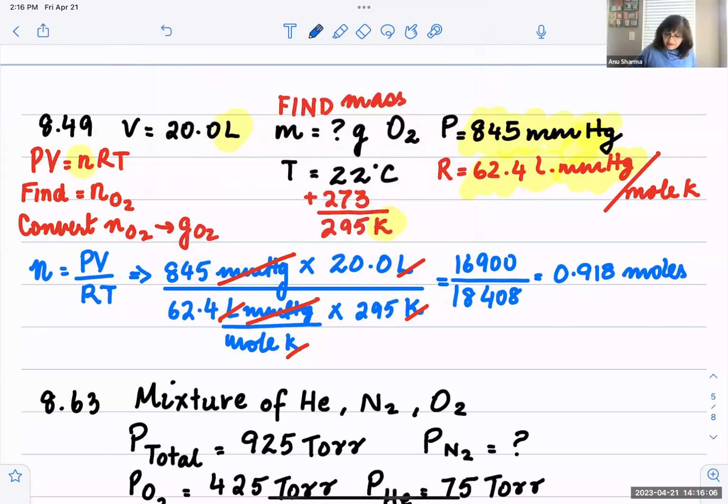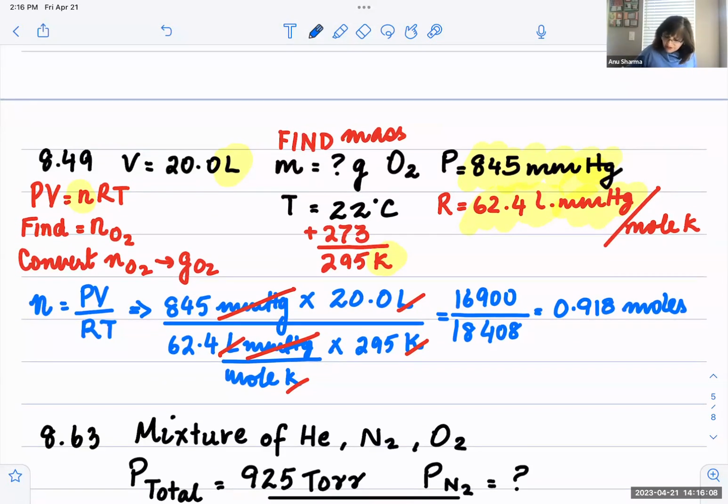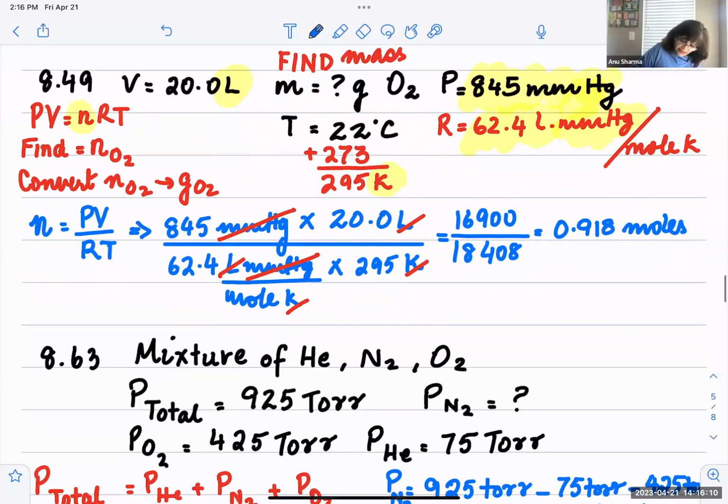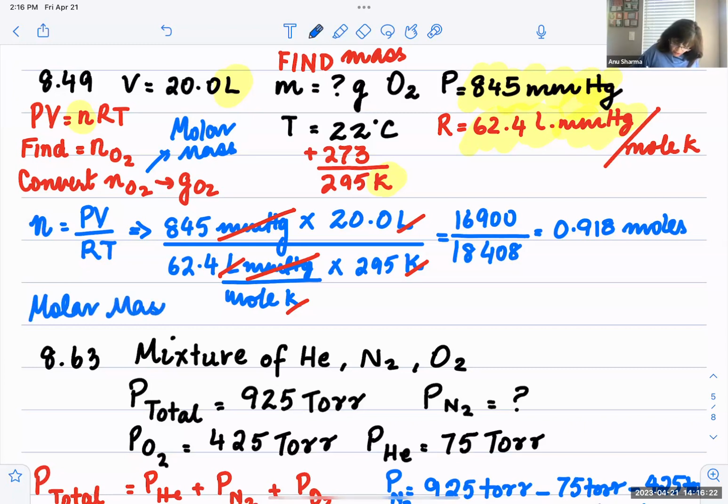Okay, next is to find it in mass. Anytime you're doing the moles to grams conversion, you need the molar mass of oxygen. So the molar mass of oxygen is 2 times 16, and that is 32 grams per mole.